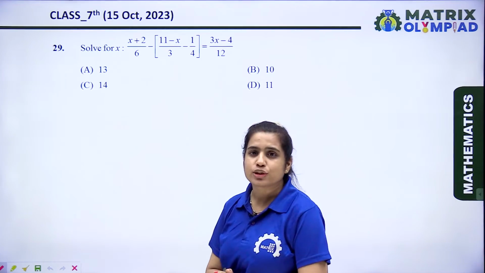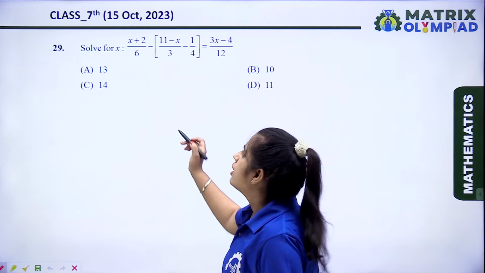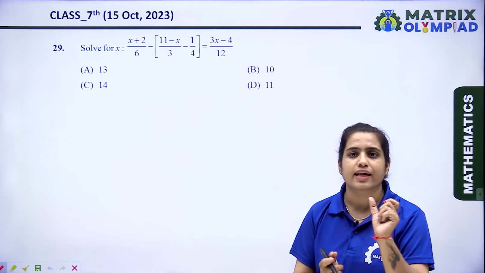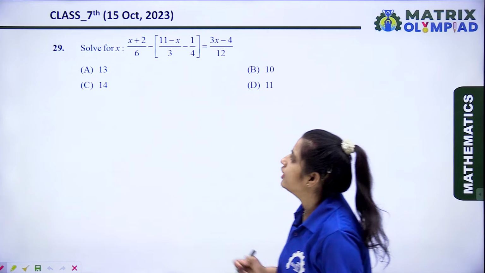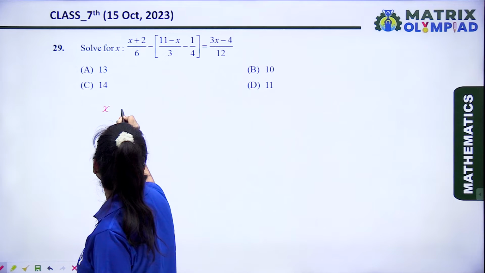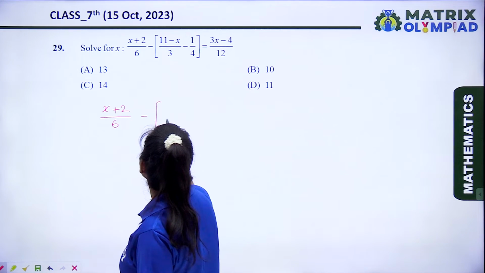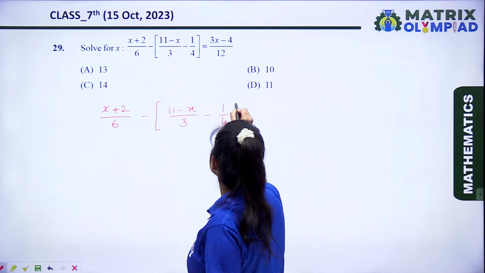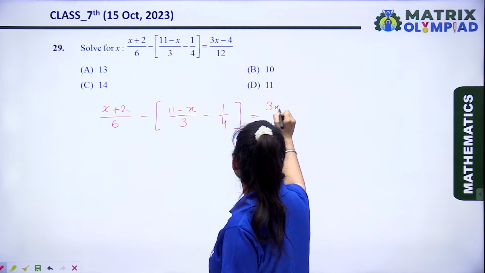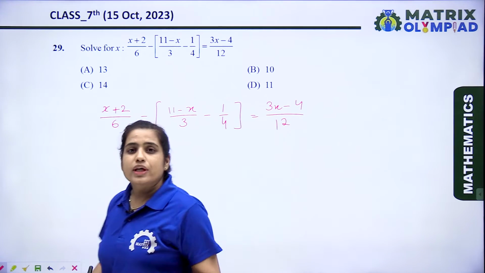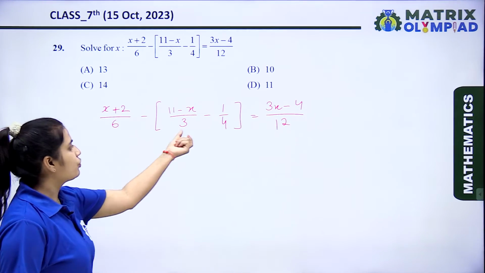Now let's start the next question, that is the 29th question. Here we have to solve for x. It means question हमें दिया हुआ है, एक equation है, इसे हमें solve करना है. Let's solve the equation first, then check what is the answer. So here x plus 2 upon 6 minus 11 minus x upon 3. अब सबसे पहले हम लोग क्या लेंगे, इसमें LCM लेंगे 6, 3 and 4 का.